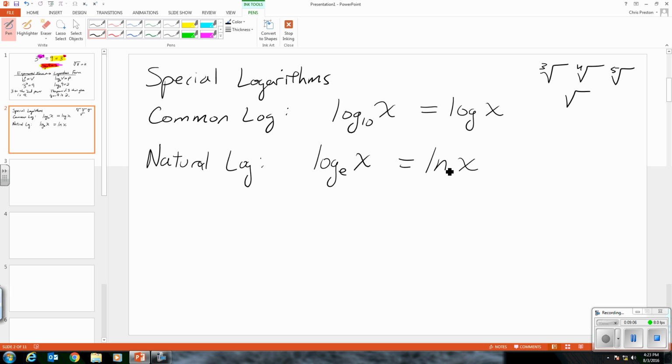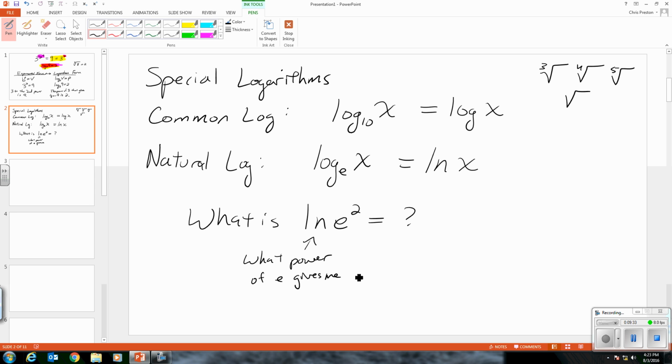The e is not, you don't write the e, it's understood. So if I said, what is ln of e squared equal to, you would say, what this is saying is, what power, this is what the log says, what power of e gives me, and then what's inside?